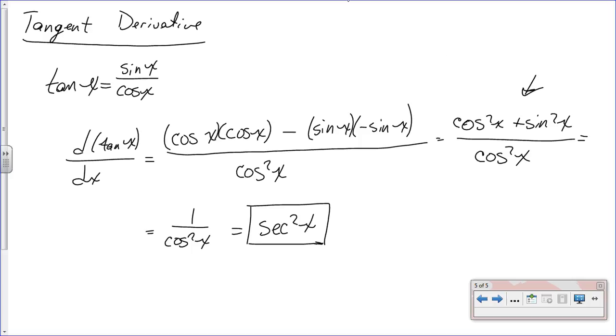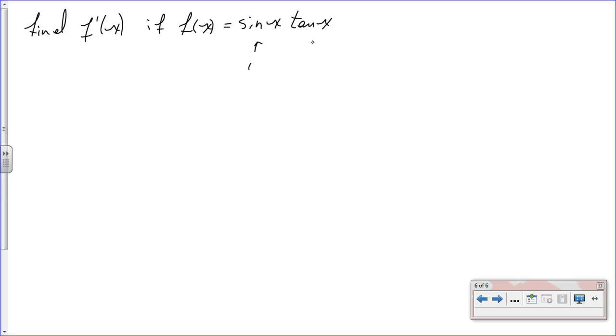So let's try another problem using the derivative of tangent. Let's find f prime of x if f of x equals sine x tangent x. All right, so for this we're going to use the product rule, and this is our first function. This is our second function.